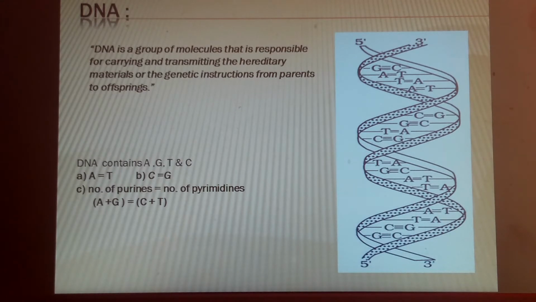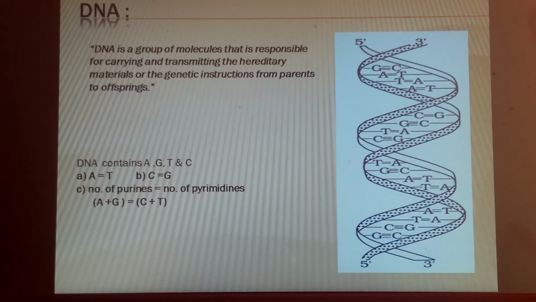When you check the structure, two different strands are there. These two strands are held together by hydrogen bonds: 3 hydrogen bonds between cytosine and guanine, and 2 hydrogen bonds between thymine and adenine. These hydrogen bonds are very much responsible for holding the strands.